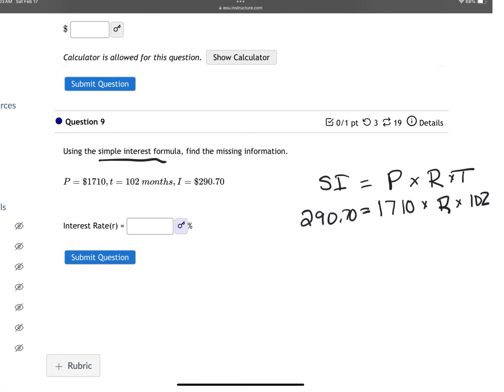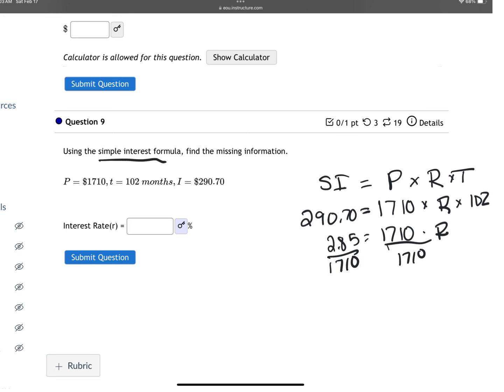So if I take 290.7 and divide it by 102, then we get 2.85 equals 1710R. And now I divide both sides by 1710.